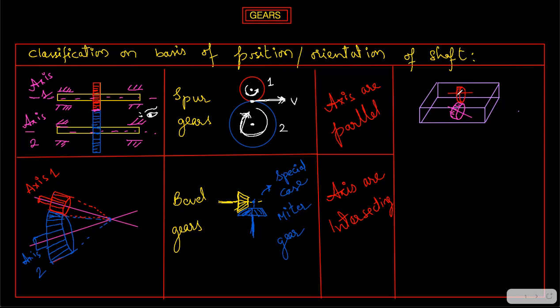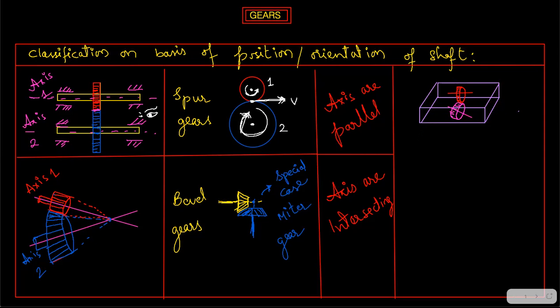I hope you can imagine that it is a little tilted. Usually the face of the gear is perpendicular to the shaft. You can imagine that, right? So this is called a skew gear.